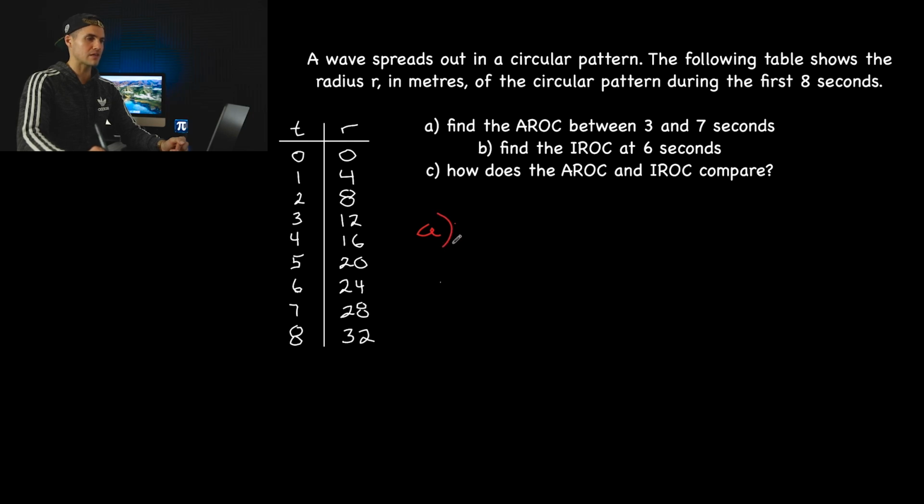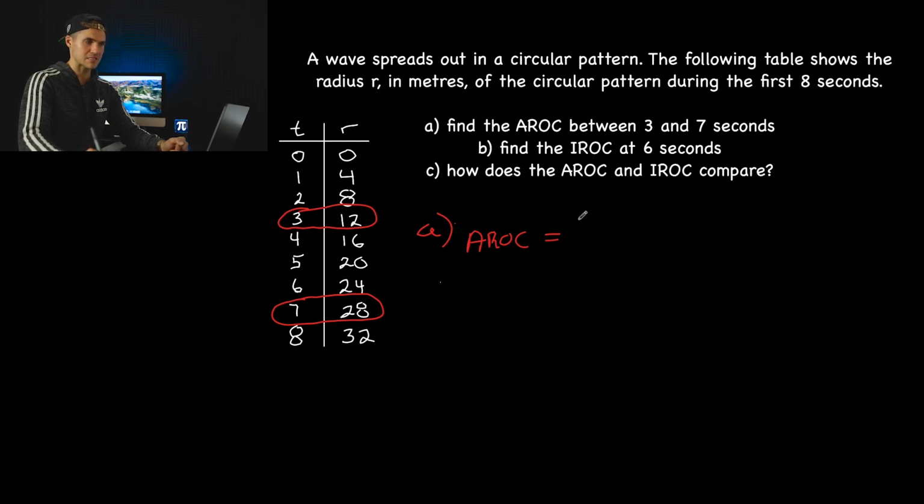So we have the average rate of change between 3 and 7 seconds. At 3 seconds, the radius is 12, and at 7 seconds, the radius is 28. If you remember, average rate of change is the difference between the y values over the difference between the x values.